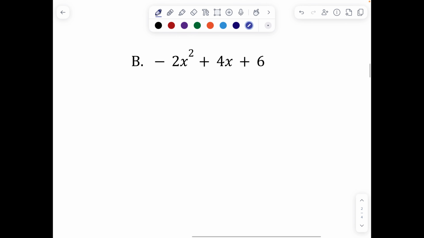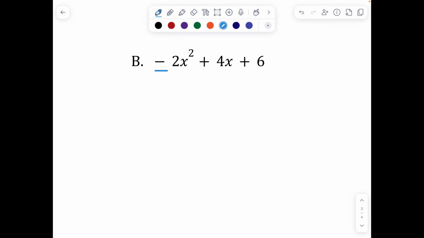B, I have negative 2x squared plus 4x plus 6. Anytime my leading coefficient is negative, I want to factor out a negative.